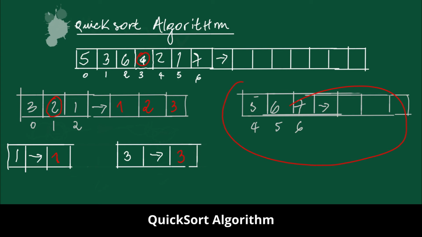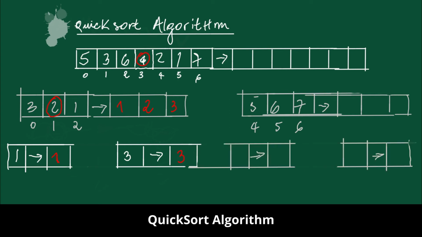Okay, it's very simple. When I say here, I mean this subarray. Here we need to find out the pivot. Remember we have our formula, and our formula says we need to take the first index plus the last index, and we divide it into 2.